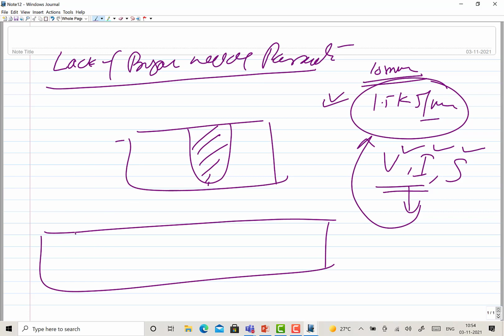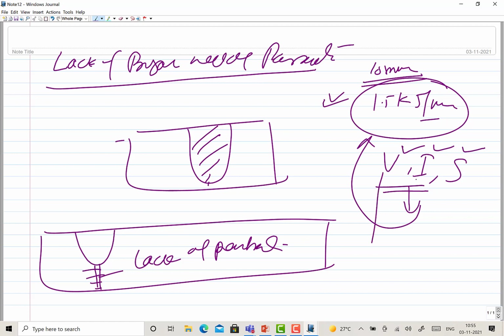Your penetration is limited. You see, this is the left out portion which has not been melted. So you will find a lot of unwelded section. This is called the defect of lack of penetration, and it happens because you did not supply the desired heat.